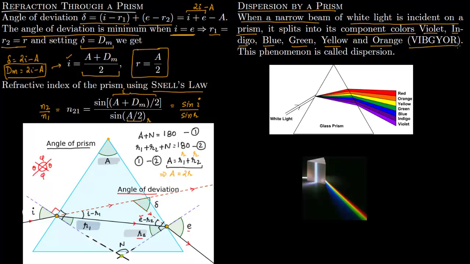This you call VIBGYOR. This phenomenon is called dispersion. So you have white light falling on the prism and it splits into these colors. If you keep a prism in a dark room and the light falls here, so you have only one beam of light falling on the prism, these are the component colors you will see.